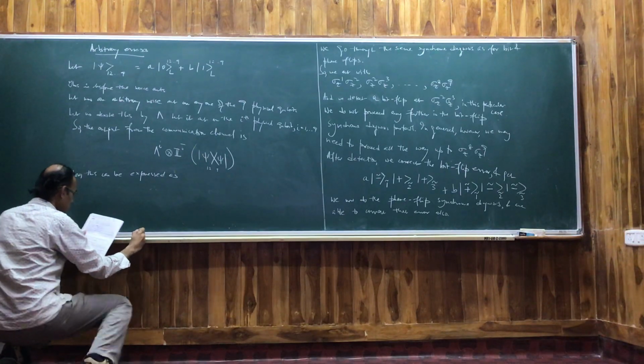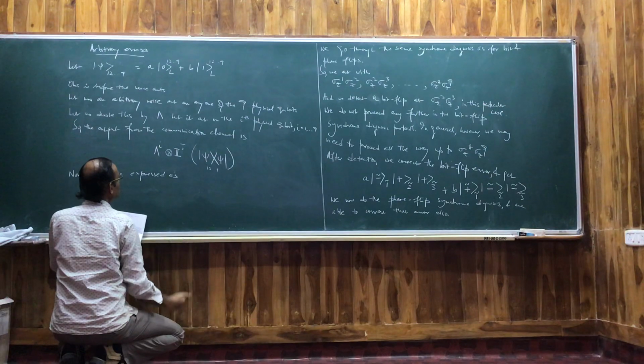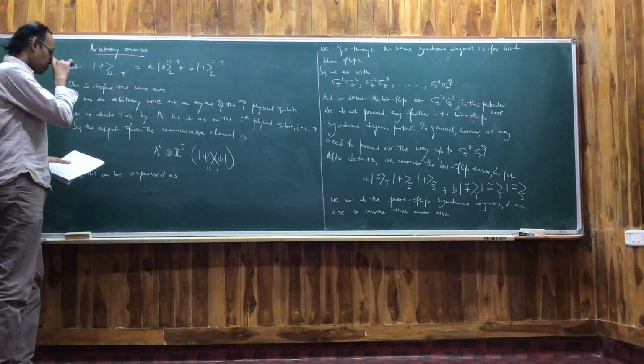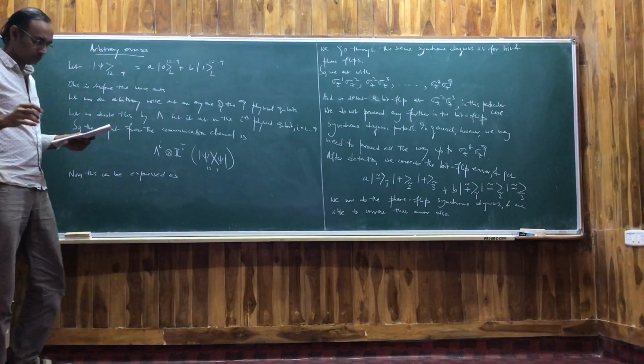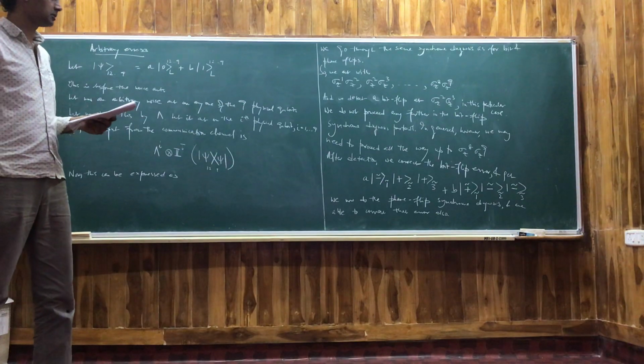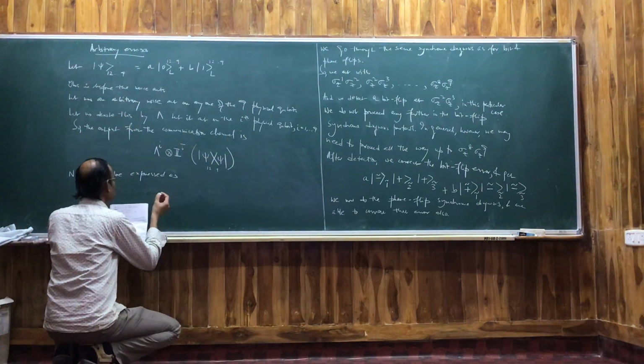This can be expressed as, in the Kraus decomposition, or there are many names associated to it: Kraus, Kossakowski, Sudarshan, Jamiolkowski, Choi, many people have done some aspects of this.